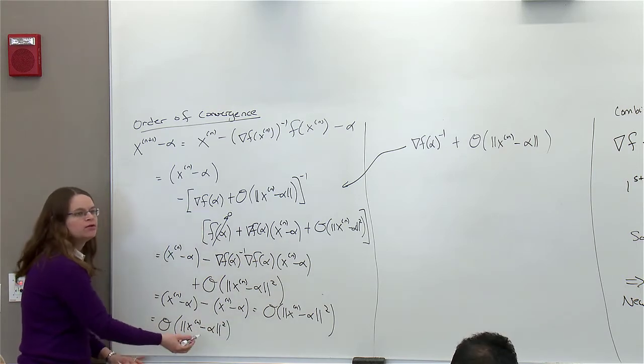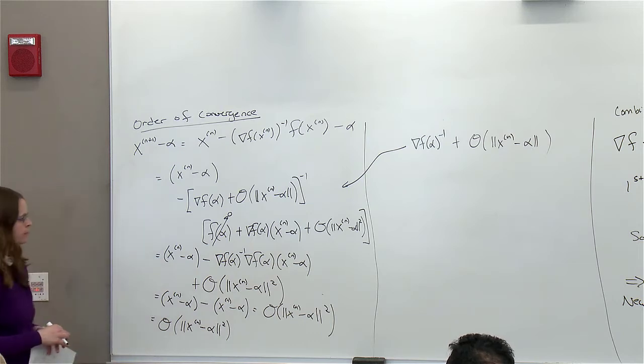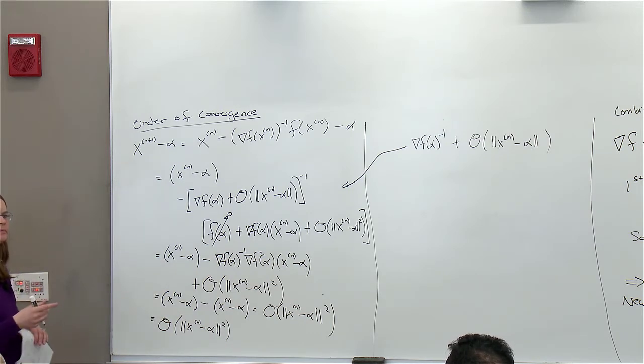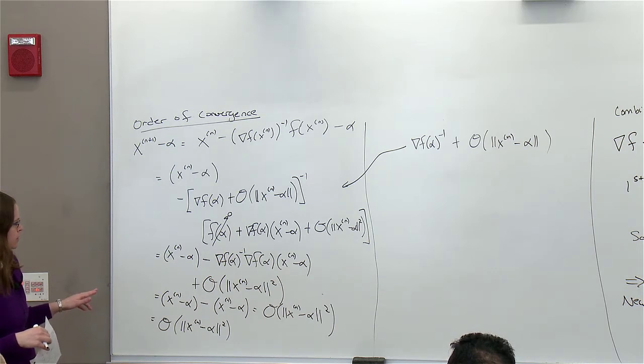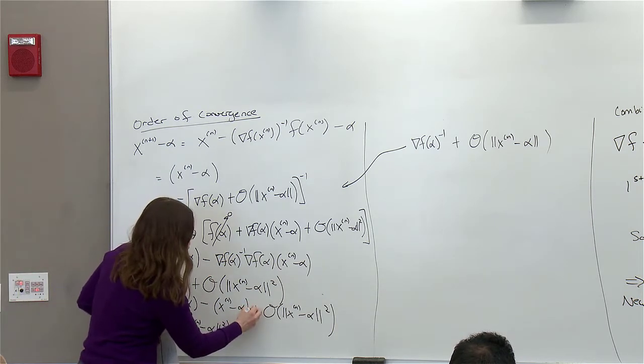So this is going to be bounded by some constant times xn minus alpha squared. Is that a plus in between those two things? This is a plus, yeah, thanks.